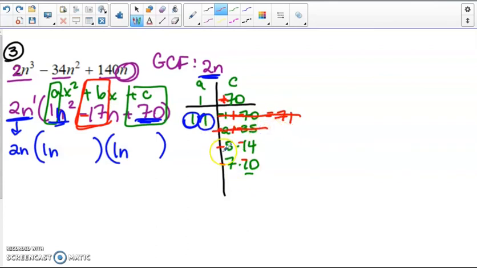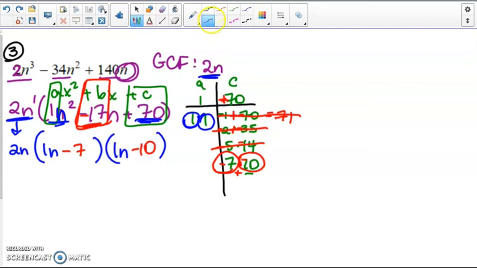That's too big. -5 plus a -14 gives us a -19, closer, but still not right. And then -7 plus a -10 will give us our -17. So negative 7 times negative 10 is positive 70, and negative 7 plus negative 10 is negative 17. So it works out both ways there. So my first factor of c that works is negative 7, and my second factor of c that works is negative 10. And we're good.